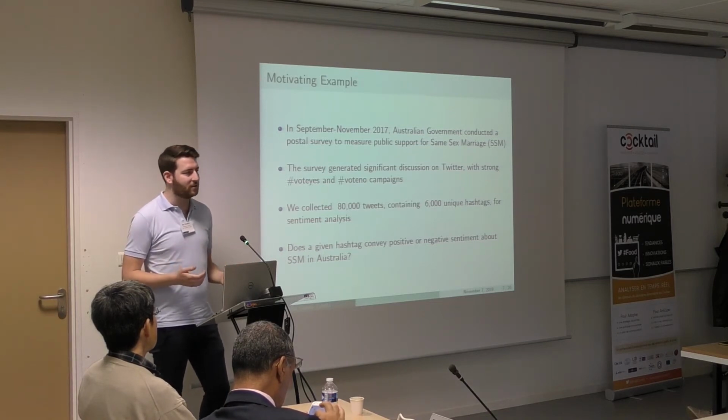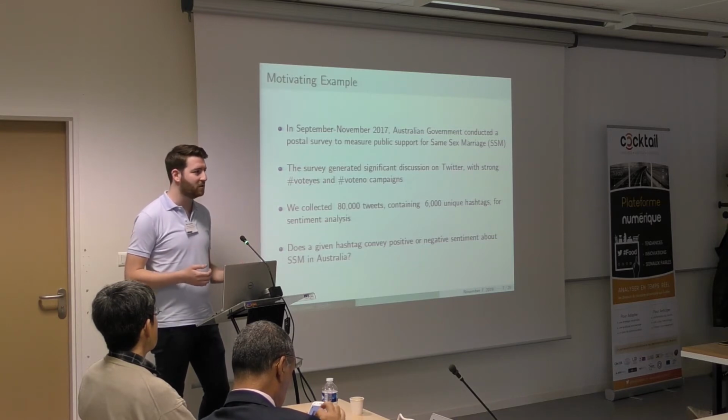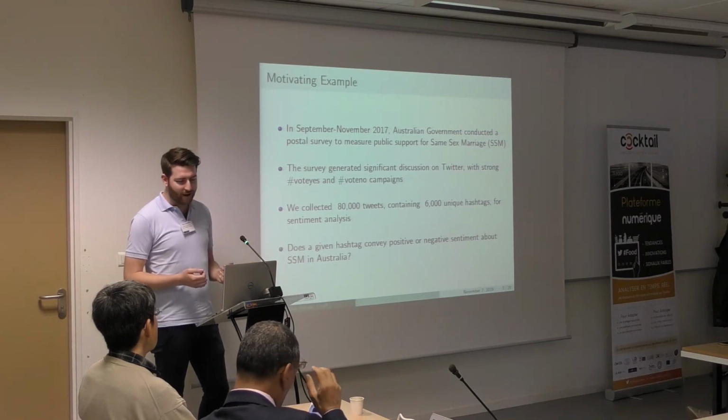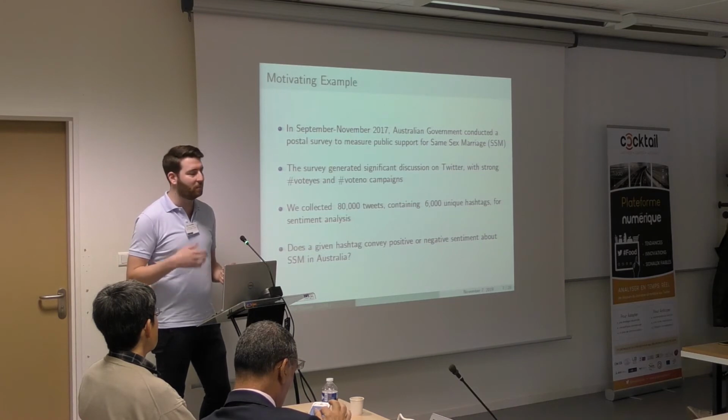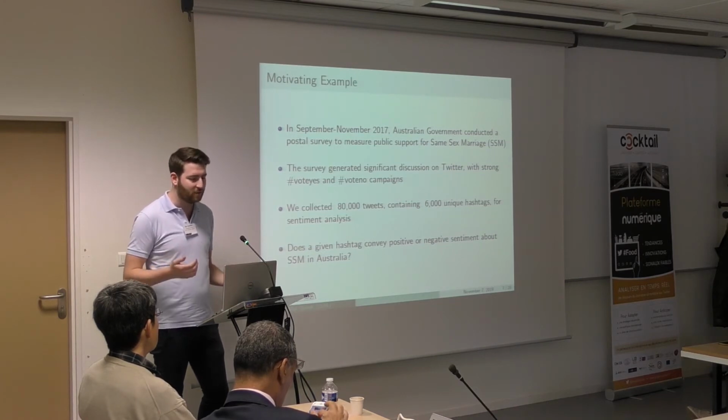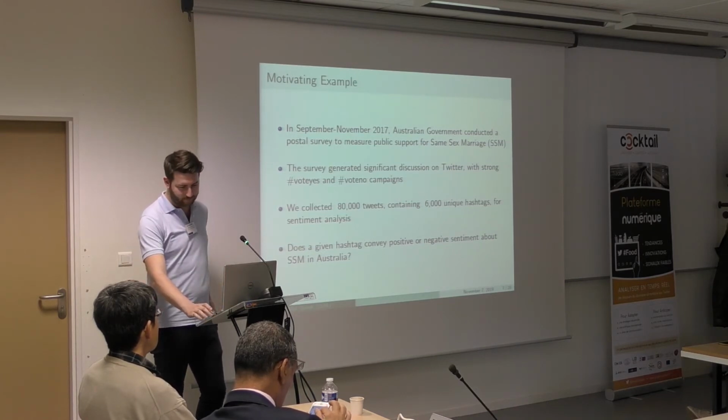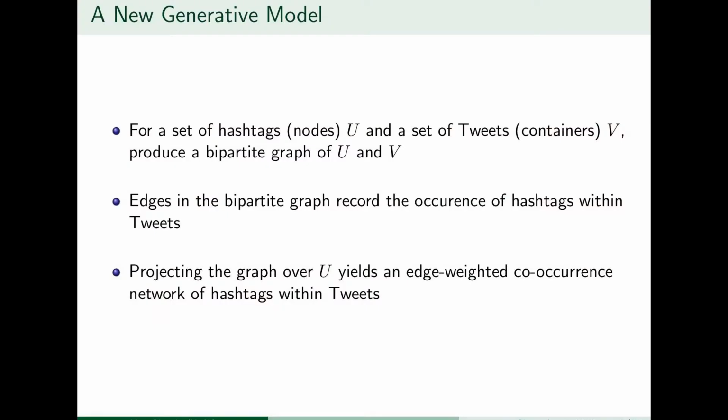And within the context of the analysis that we run, we're getting these probabilistic estimates of community membership in either pro same-sex marriage or anti-same-sex marriage, where the community membership probability measures the sentiment of the hashtag itself. And so we want to be able to generate a graph that looks like our hashtag network.